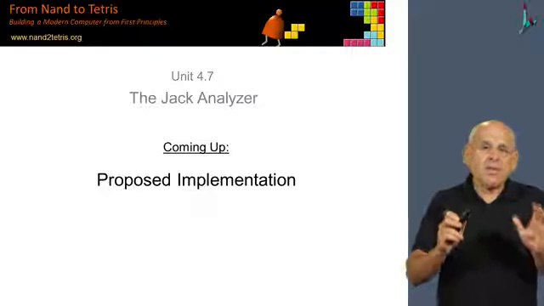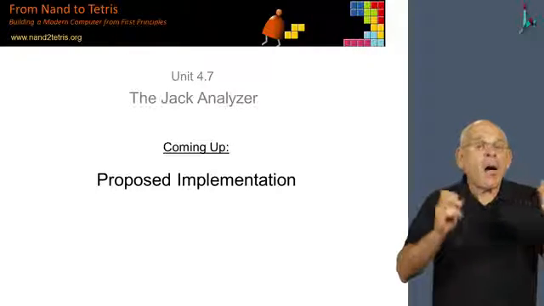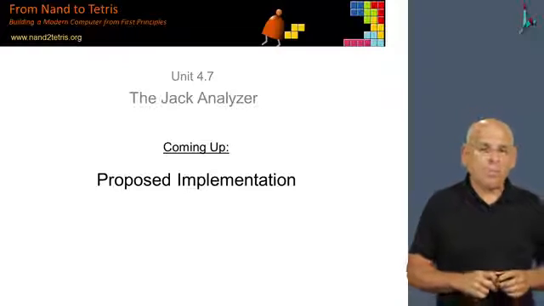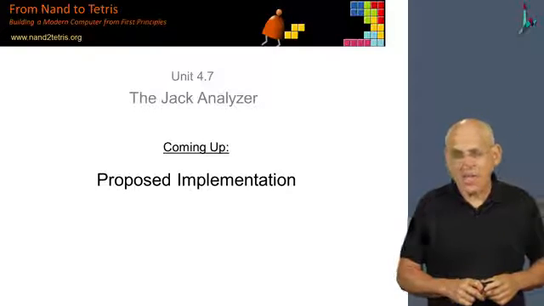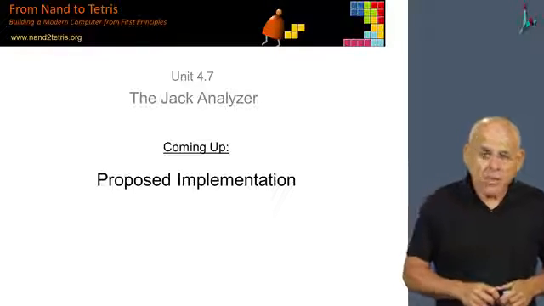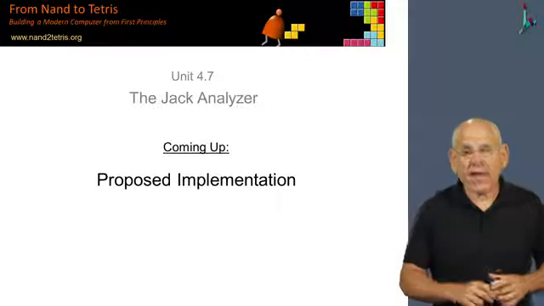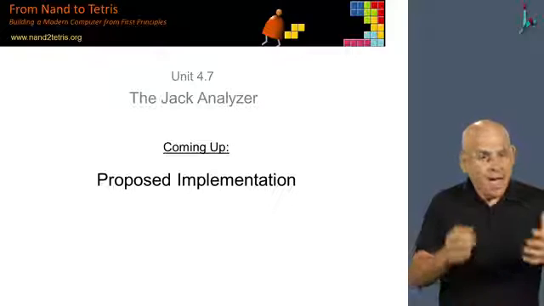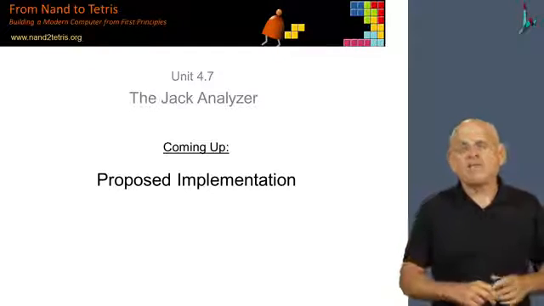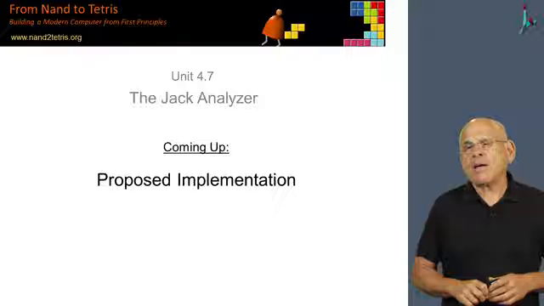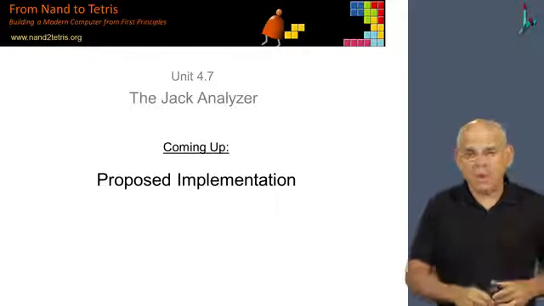And notice that in this unit, I didn't say anything about how the analyzer is supposed to emit these outputs. And I didn't say it for two reasons. First of all, in unit 4.5, we discussed in broad terms how the analyzer is supposed to generate the outputs.